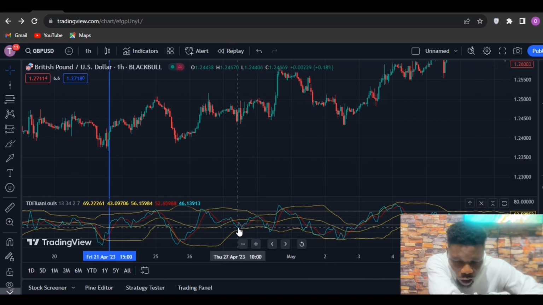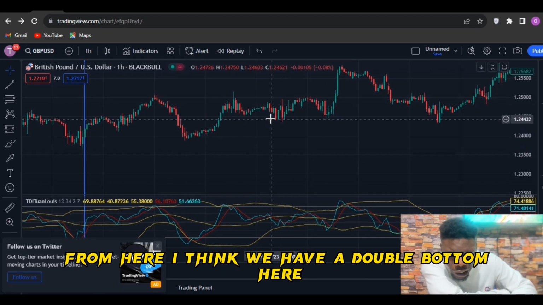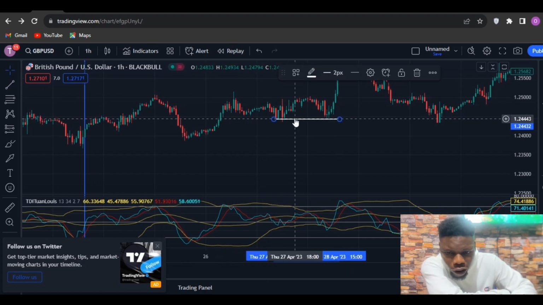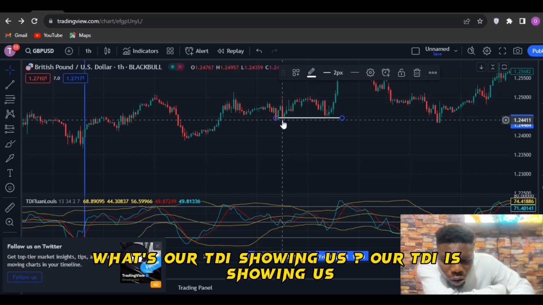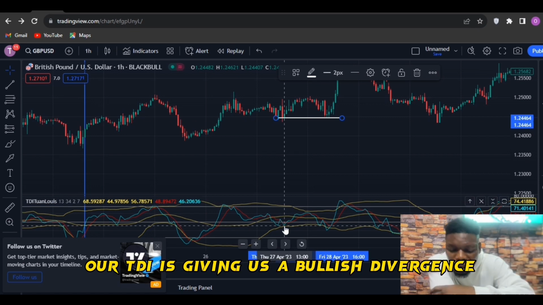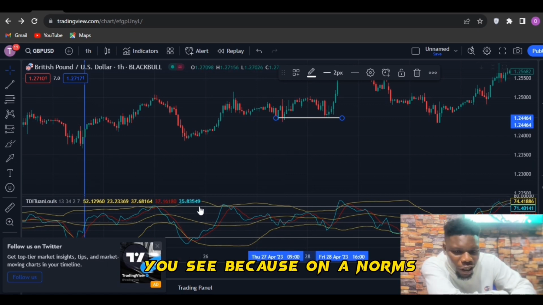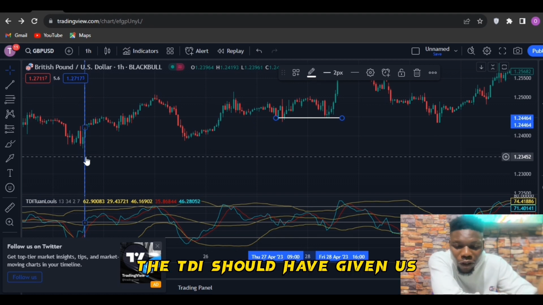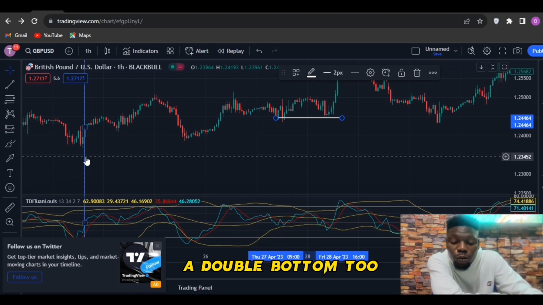I found one. From here, I think we have a double bottom here. What's our TDI showing us? Our TDI is giving us a bullish divergence. You see, normally the TDI should have given us a double bottom too.